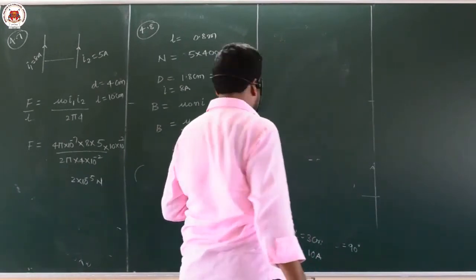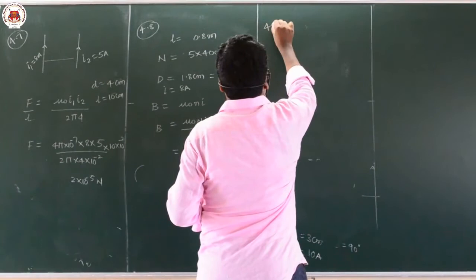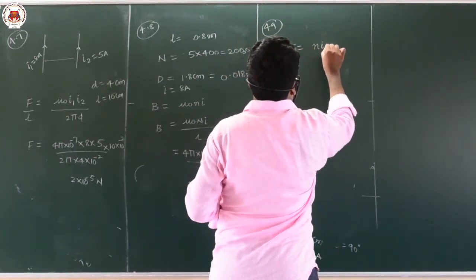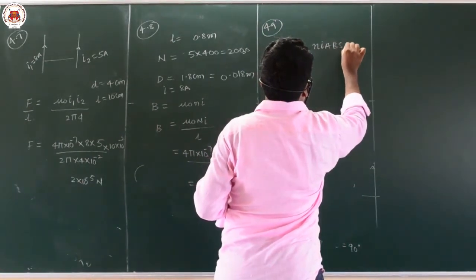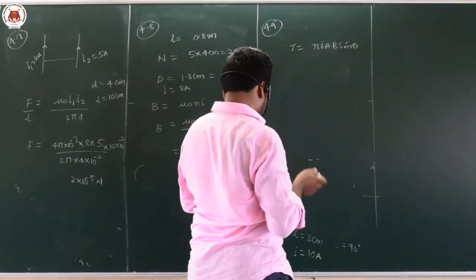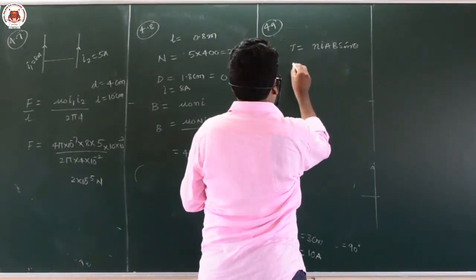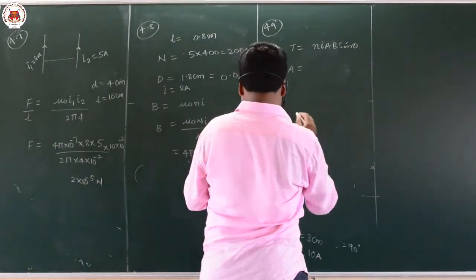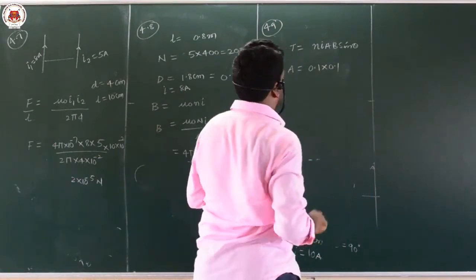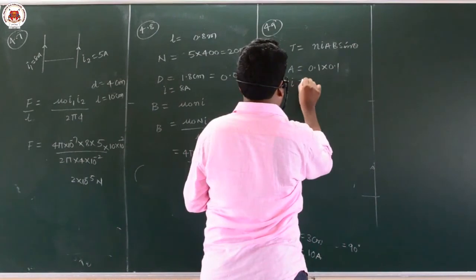Torque is equal to N I A B sin theta. This is the formula. So what he has given, it is a square, so you can find the area. Area of the coil is equal to 0.1 meter into 0.1 meter because it is a square, and current is given as 12 amperes.